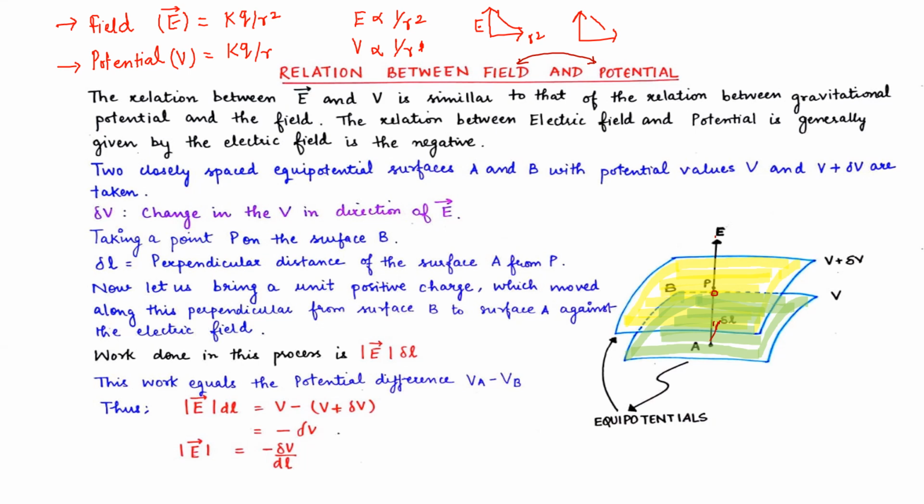So from here our electric field line is passing through the center. The distance between equipotential surface 1 and equipotential surface 2 equals del L.